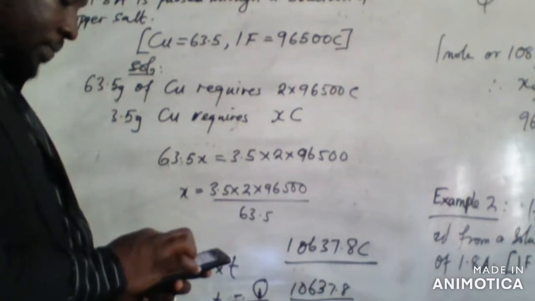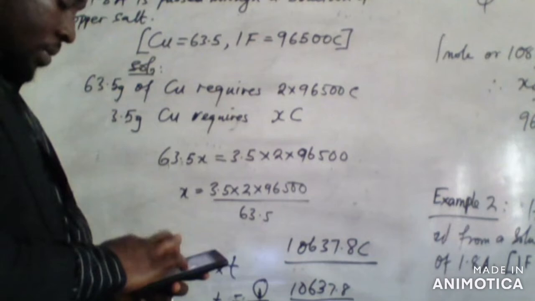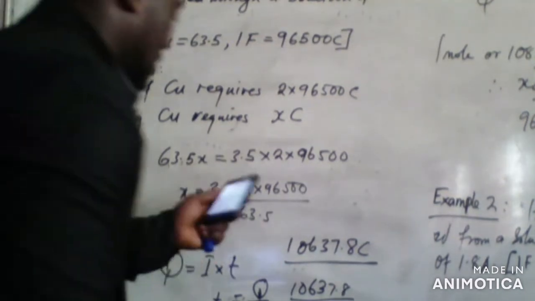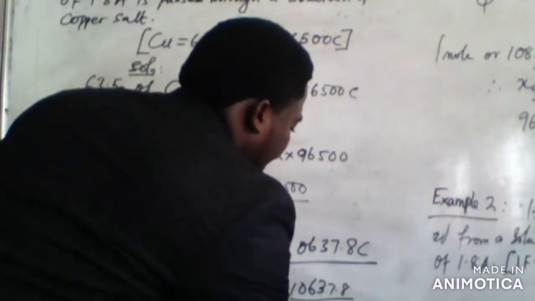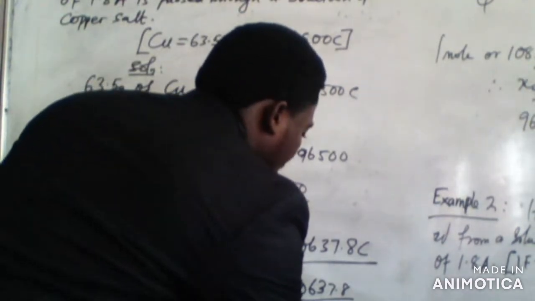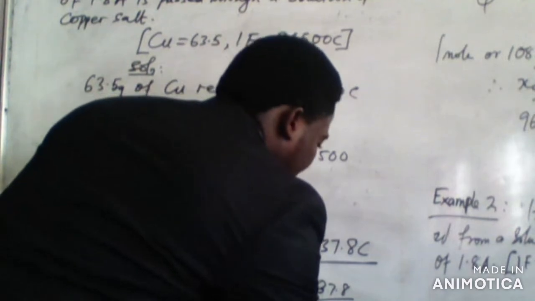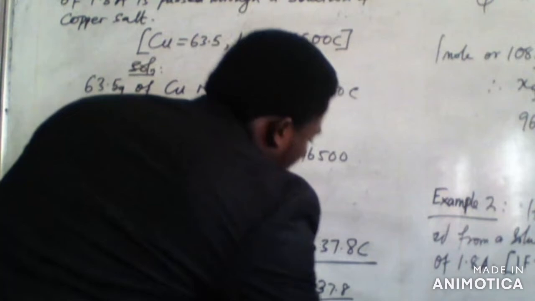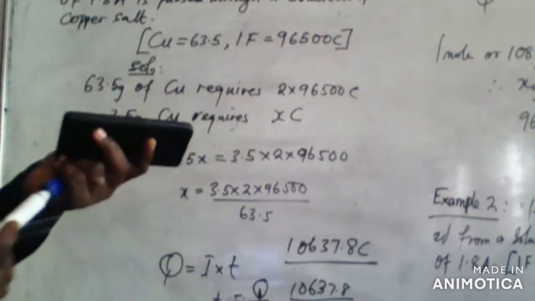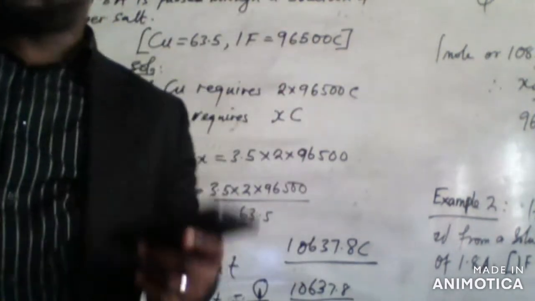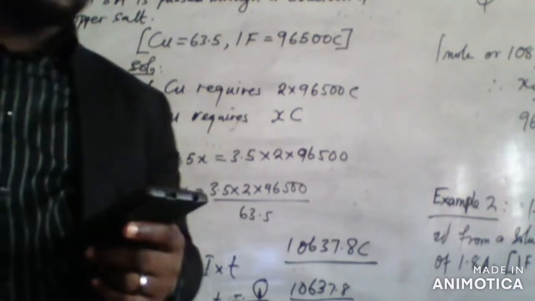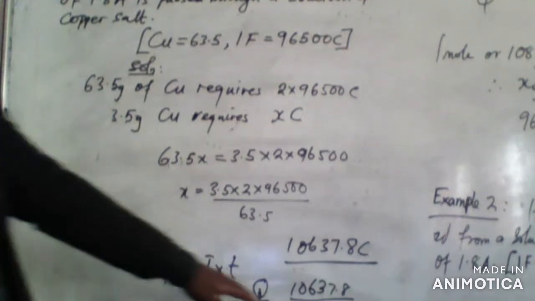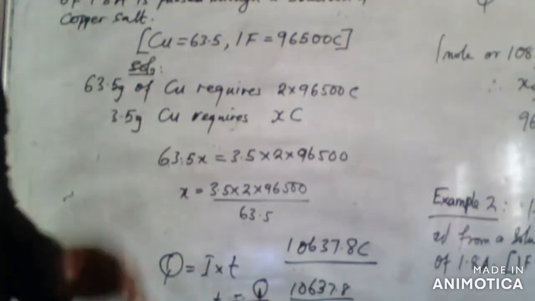So that will give us 5909.9 seconds. So that is the time, how long it will take for this quantity of electricity to be discharged.